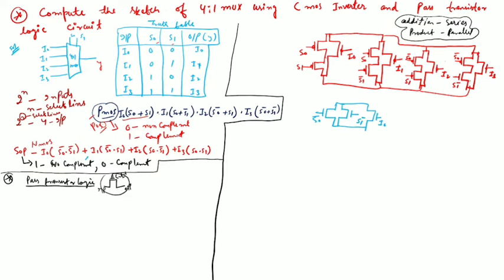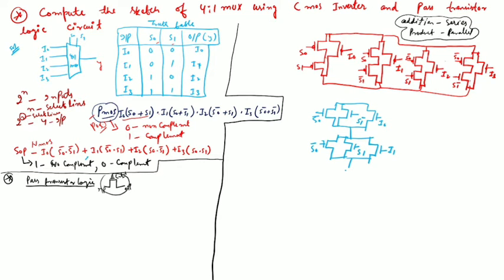So next is S0 again, here the S0, and this one is the S0 complement, and this one is S1 only. This and this are parallelly connected with I1, and this is also connected from the middle.